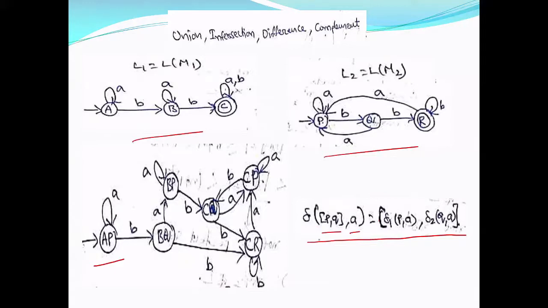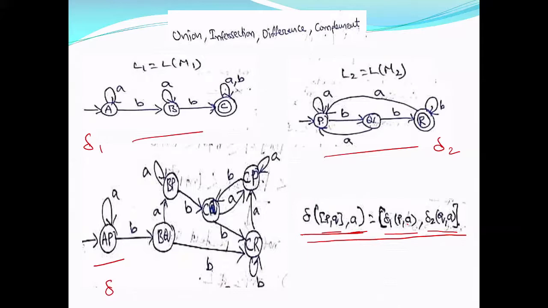Then the transition in the new DFA is nothing but the first component from M1, that is delta 1 of P on A, and the second component will be delta 2 of Q on A. Delta 1 is for M1, delta 2 is for M2, and delta is the transition function for the combined DFA which I am using.